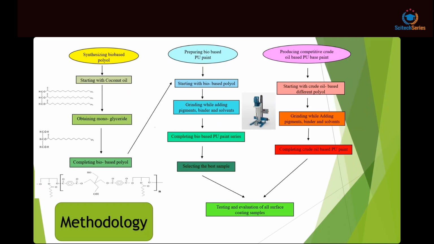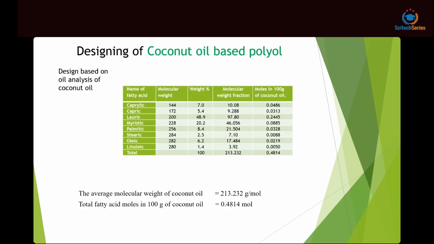Here I have also made some PU paints using commercially available PU resins. So finally, I competed these biological based PU and artificial crude oil based PU. Right. Here is the modification.